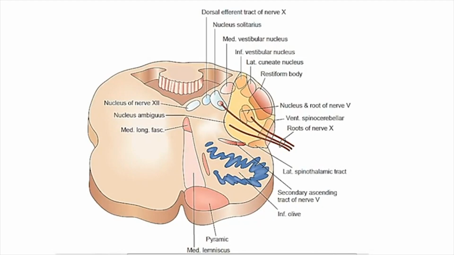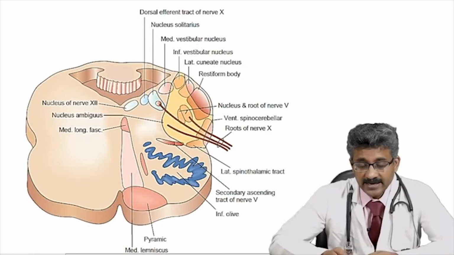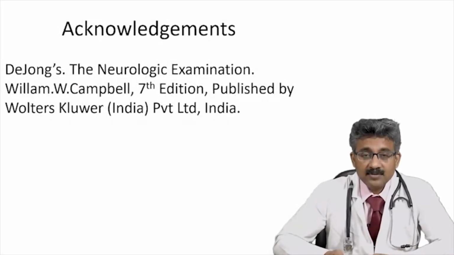So, after discussing the cranial nerves, this is in a nutshell how to approach brainstem problems. Okay, so this is about the discussion of the cranial nerves, what we discussed in the last 3 classes. Acknowledgement for all these diagrams is from De Jong's The Neurologic Examination, 7th edition, published by Wolters Kluwer, Private India Limited.